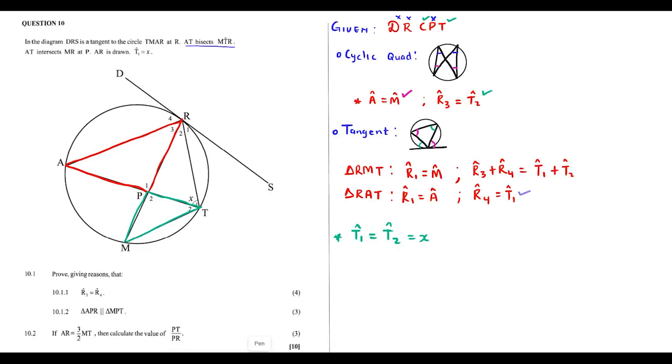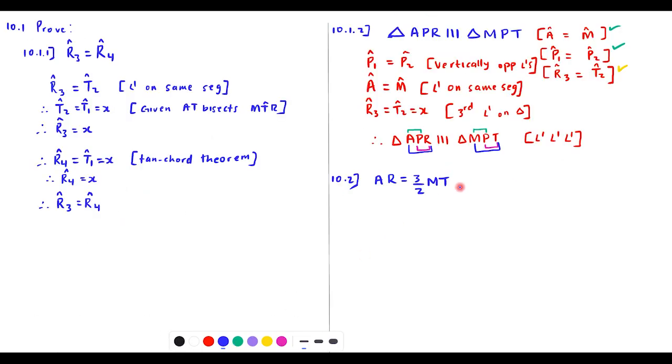So we need to find PT over, or ratio, PR. All right, now the way to approach this is by first looking into what we're given. So we were given this, right?